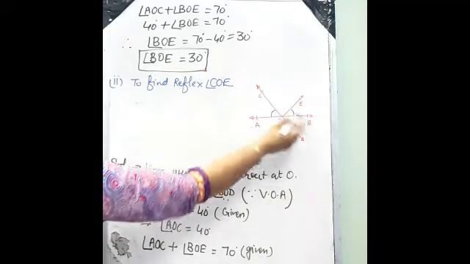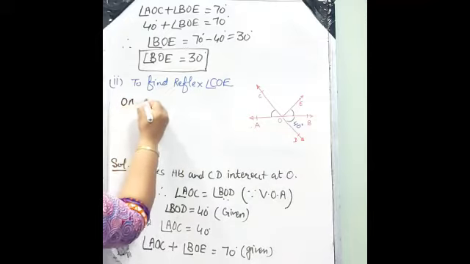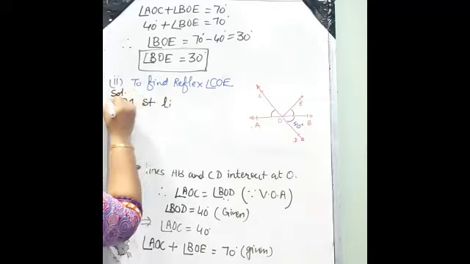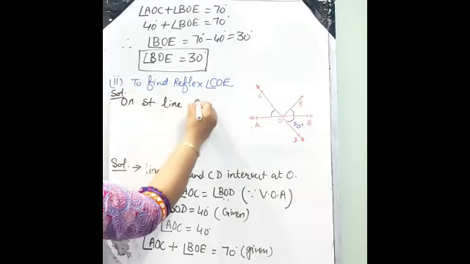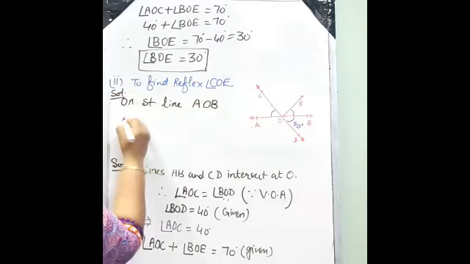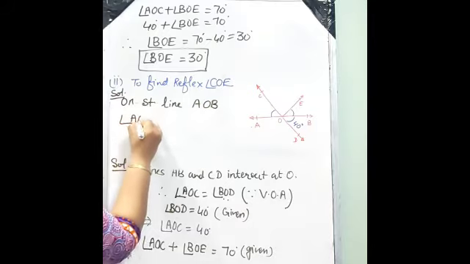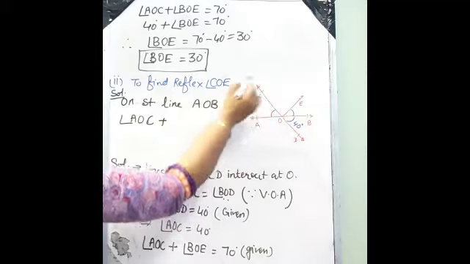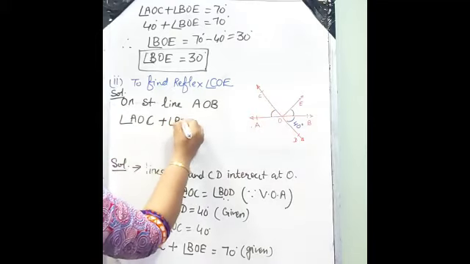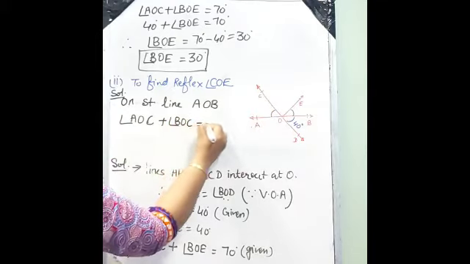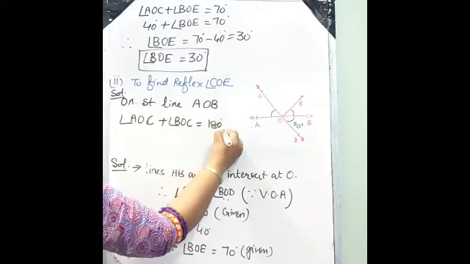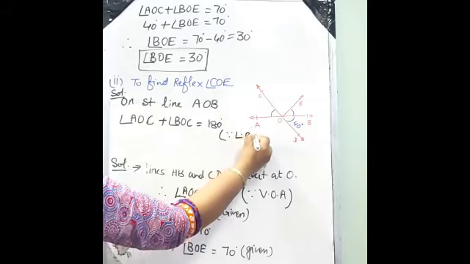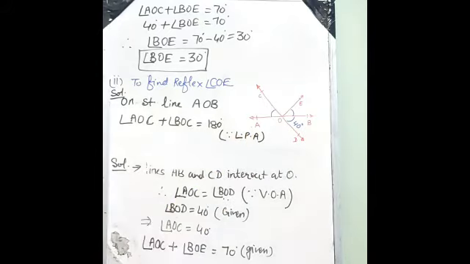Now, on straight line AOB, angle AOC plus angle BOC equals 180 degrees. The reason is linear pair angles.